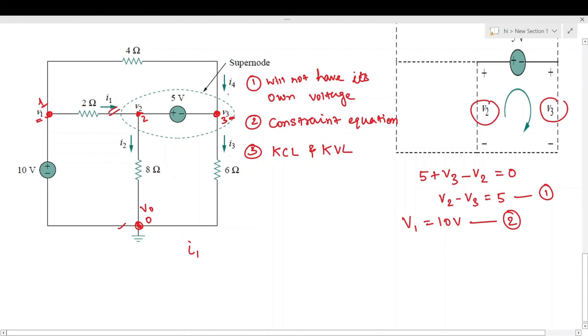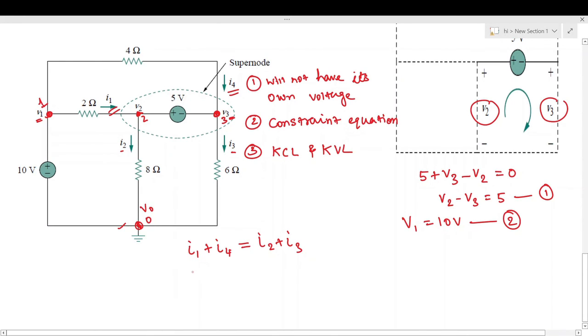These two currents are the incoming currents to the super node, so we will take it as I1 plus I4, which is equal to the outgoing currents of the super node, I2 plus I3. Now we need to apply the node voltages and resistance values to find out the value of I1.